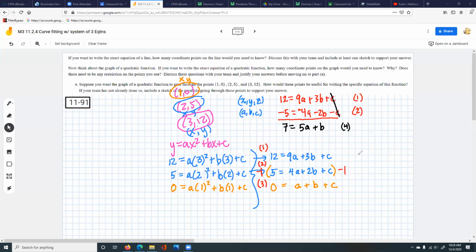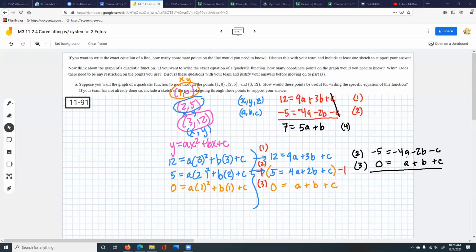So 2, again, multiplied by the -1, which I already did right here, is -5 equals -4a minus 2b minus c. That's the second equation. Here's the third equation that I'm not going to multiply by anything: 0 equals a plus b plus c.